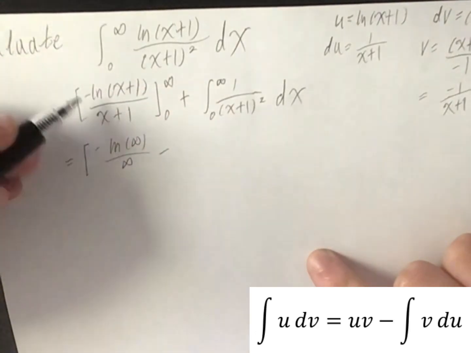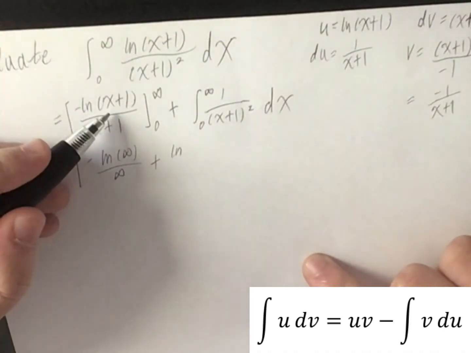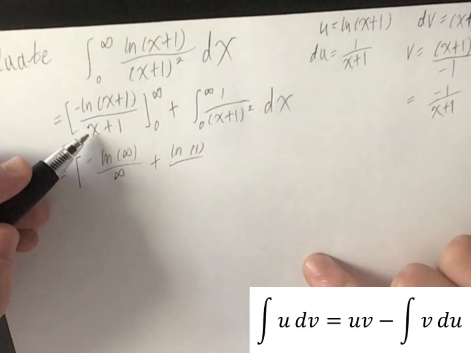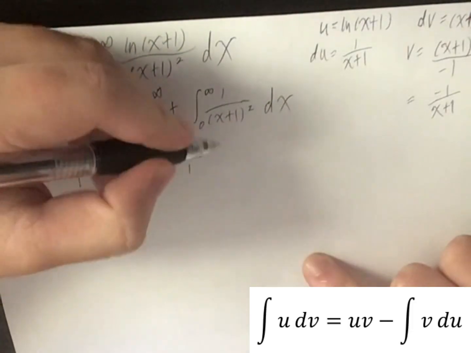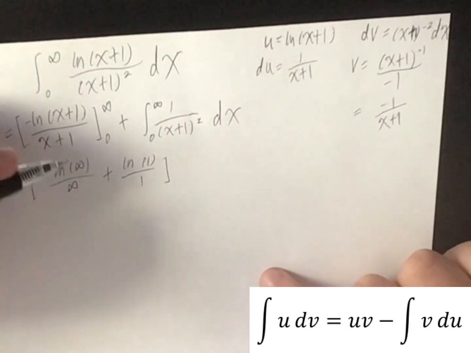And minus, and there's another minus here, so just plus ln of 0 plus 1, which is ln of 1, over 0 plus 1, divided by 1. We just leave it for now.